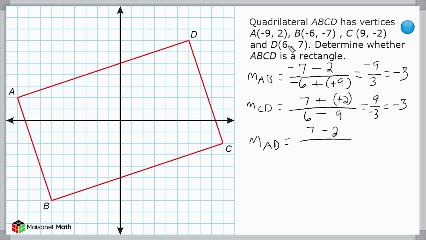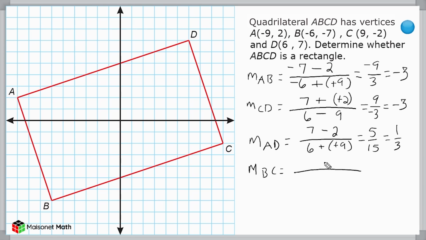And then for the x values, we have 6 minus -9. That would end up giving us 5 on the top, and on the bottom, that would end up giving us 15. And when we reduce this fraction, that is equal to 1/3, which is the opposite reciprocal of these two values.